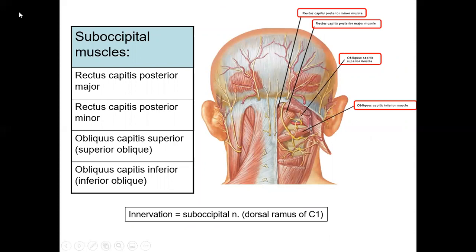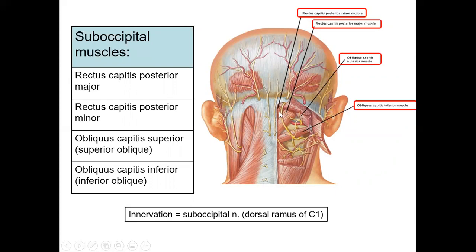For the suboccipital muscles, the ones I mentioned just now, these are the deep muscles. So for you to see these suboccipital muscles, you have to remove these 2 muscles first. If you see here, I cut these 2 muscles and turn them upward so you can see these 4 muscles.